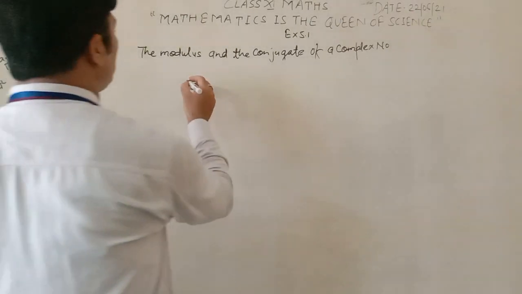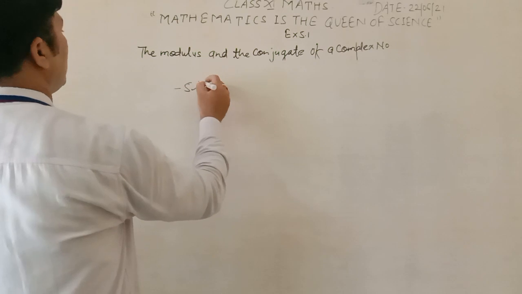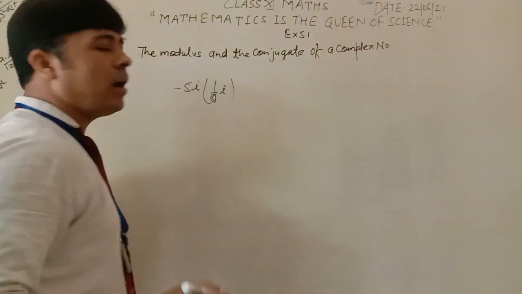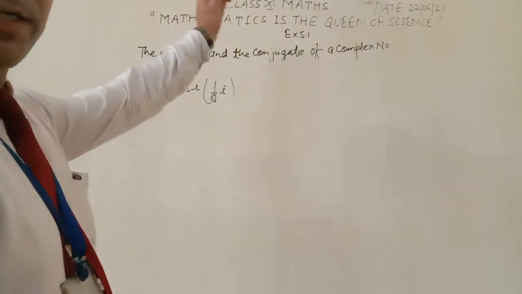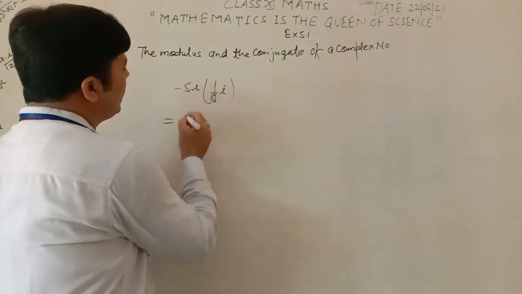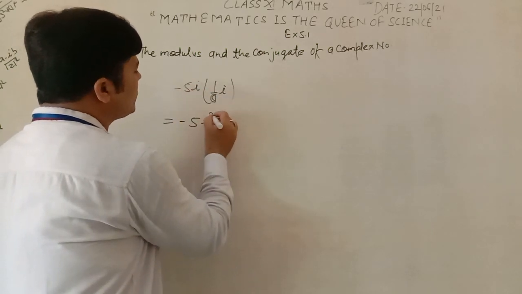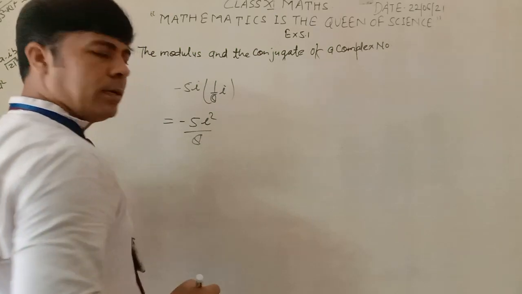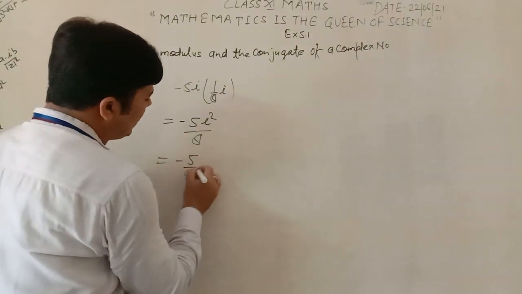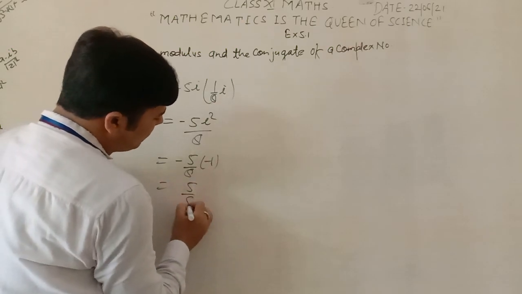Student, if you are asked to express minus 5i into 1 upon 8i in the form of a complex number, firstly you have to multiply these numbers. You will get 5i into i gives you i square upon 8. This is minus 5 by 8, and i square gives you minus 1, so this is plus 5 by 8.